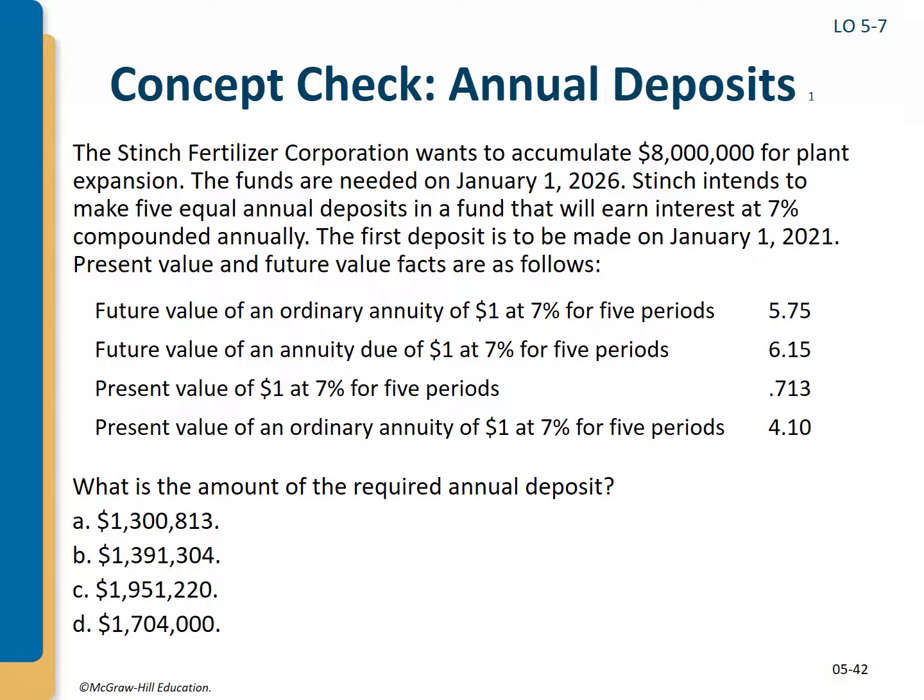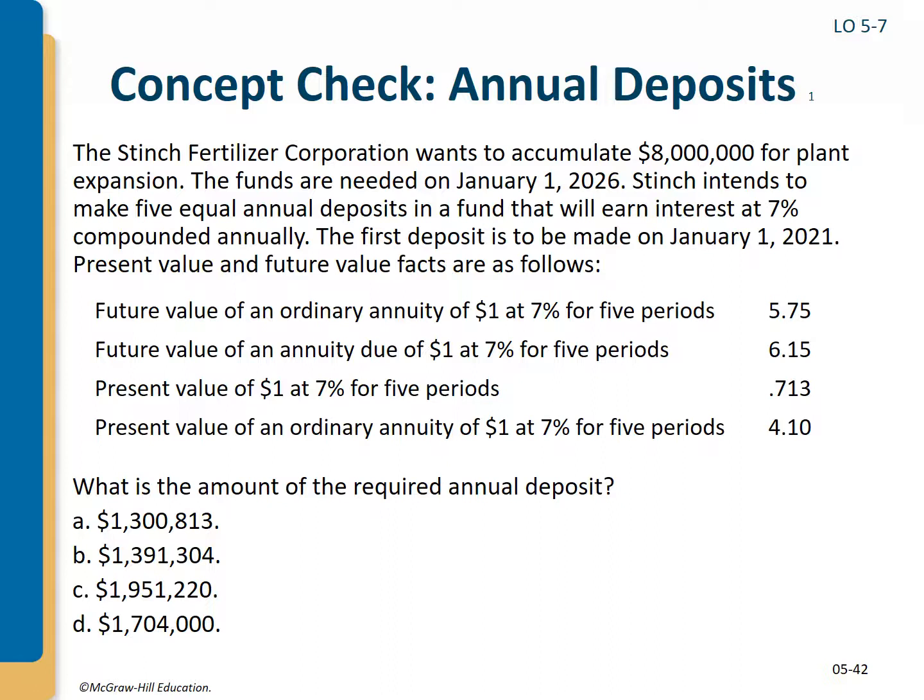So when I look at that, they want to know what it will be worth January 1st, 2026. This is an annuity due. The payments are being made at the beginning of each period, the beginning of 2025, and the amounts will be invested starting, like I said, at the beginning of each period.